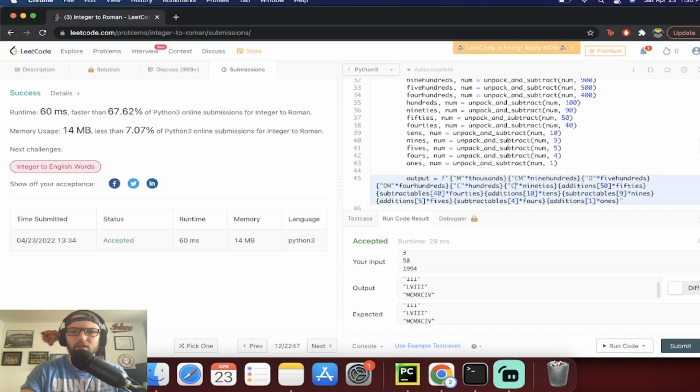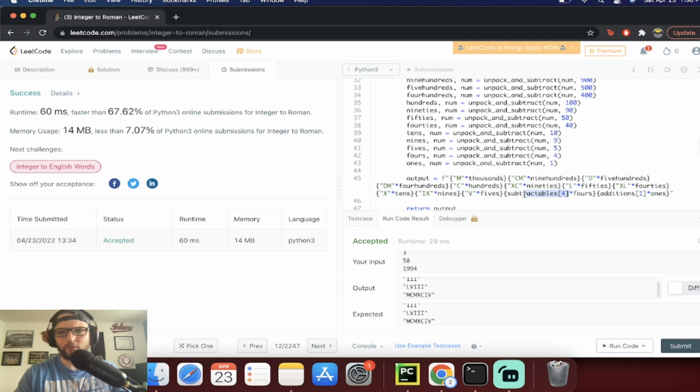I think it's XC. That makes sense. 50 would just be L. 40 would be XL. 10s would just be X. 9 would be IX. 5s would just be the V. 4 would be IV. And then you would have 1s just be the I.